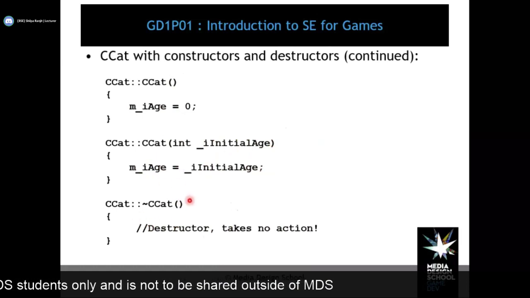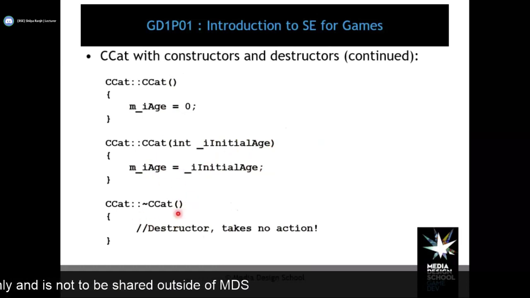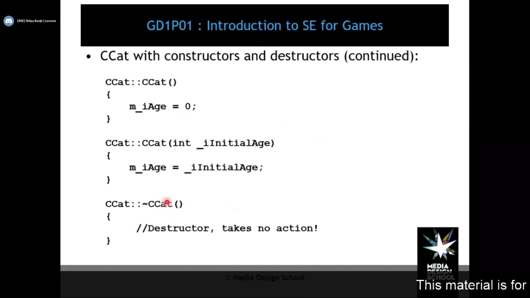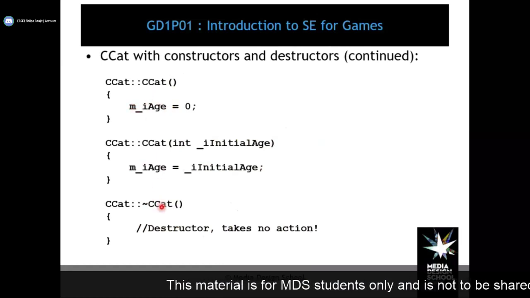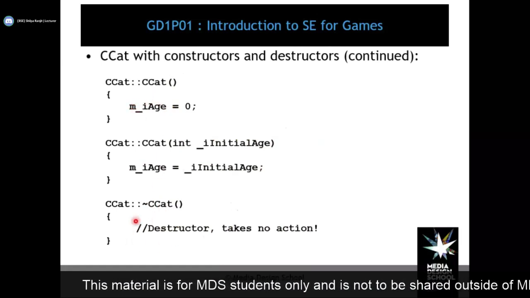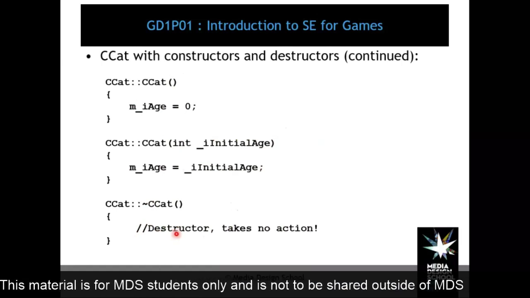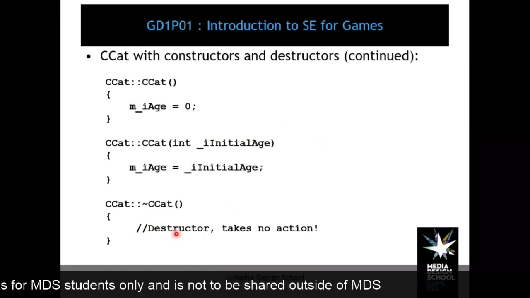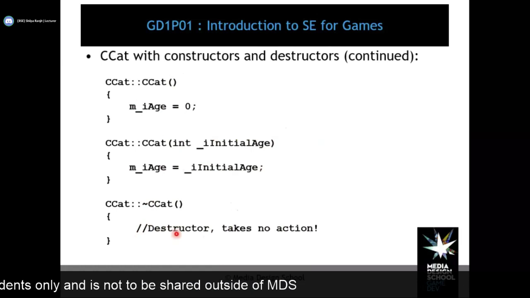In the destructor, I don't want to perform any particular action because, like I said, in most cases a destructor is useful only when there is a pointer member which has been allocated memory using new. In that case, if I have a member pointer variable which has been allocated memory using new, then free the memory of that data member. Otherwise, it's good to just leave it empty.